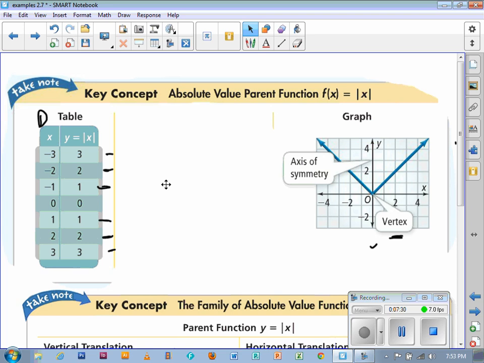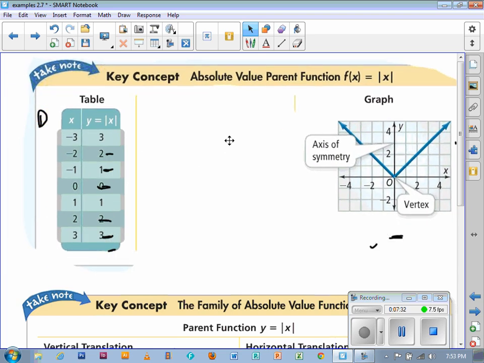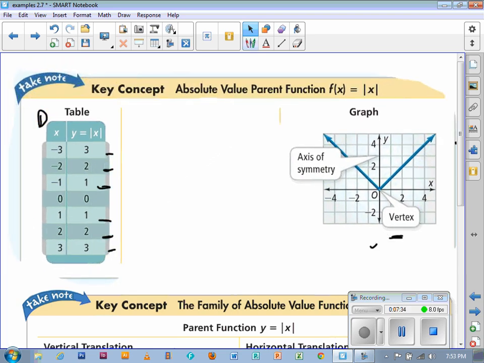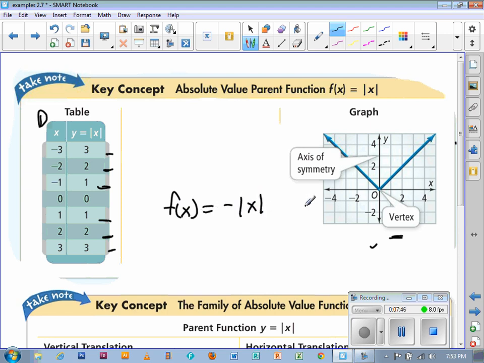Example of that, if we wanted to reflect the graph over, let's just do this. Let's put f of x equals a negative, absolute value of x. All right, since the A is -1, it's not going to change its shape. But what's going to happen to my output here is it's going to turn all the outputs negative, because that negative is applied after we apply the absolute value.